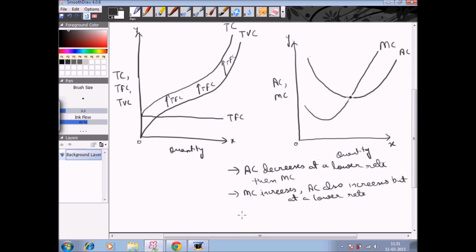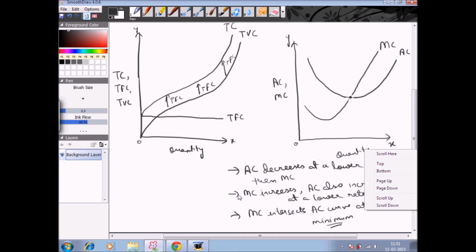And third point, that marginal cost intersects the average cost curve at its minimum. So these are the three conclusions from this particular graph.